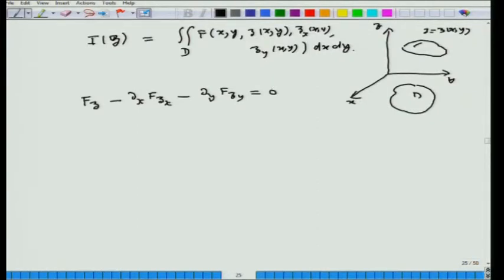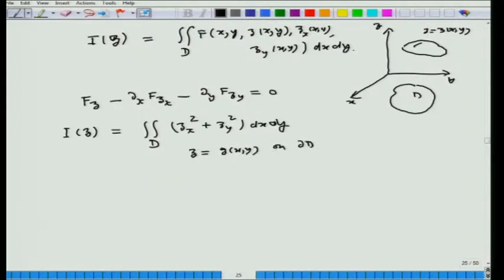In the last lecture we considered the example I of z as the double integral over D of z x square plus z y square d x d y, and z equal to some g x y on delta D, the boundary of domain D. Here f is a function of x, y, z, z x, z y.